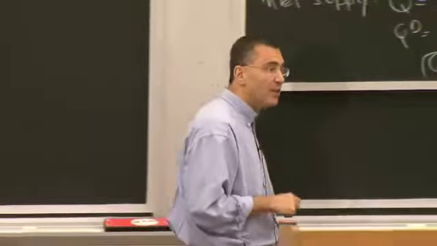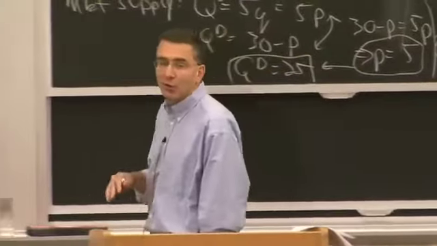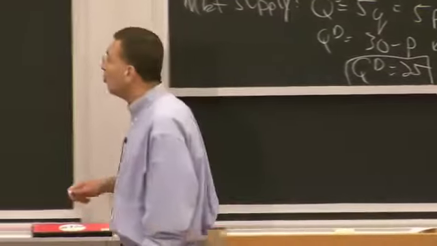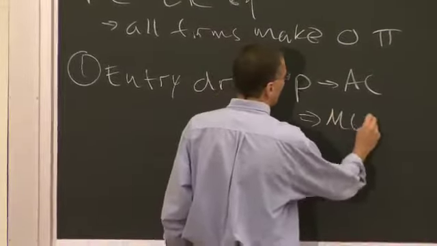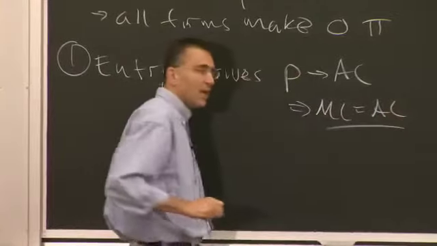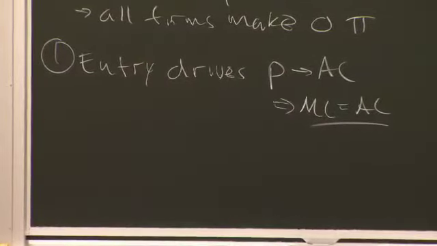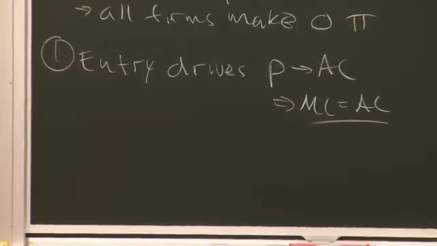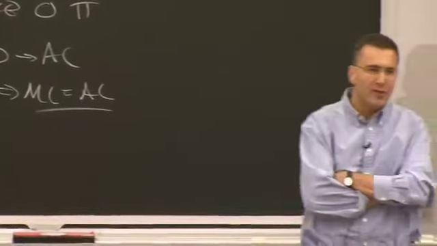So if price equals average cost, profits are zero. So entry drives profits to zero. It drives price equal to average cost, which also is the point, of course, since price equals marginal cost, where marginal cost equals average cost. That's the technological outcome in a perfectly competitive long-run equilibrium. You will end up producing where marginal cost equals average cost. That's what will end up happening naturally through the forces of entry.